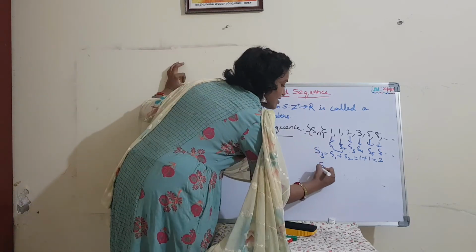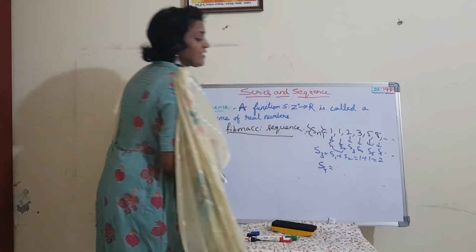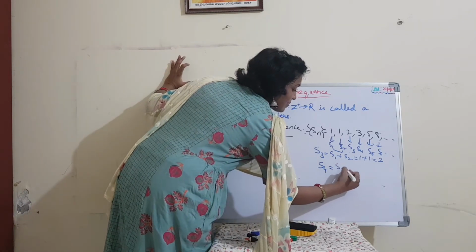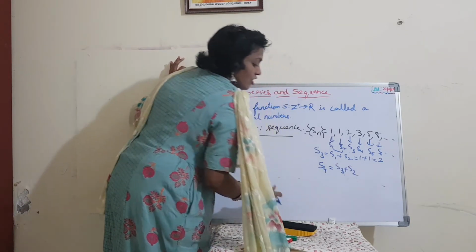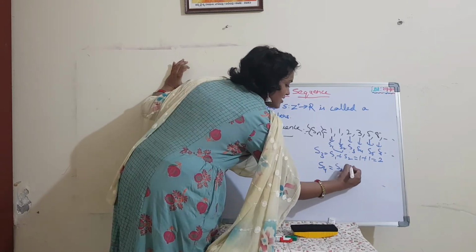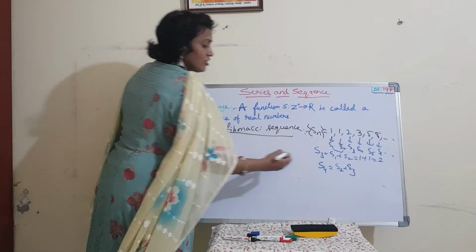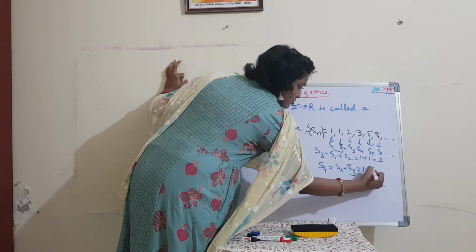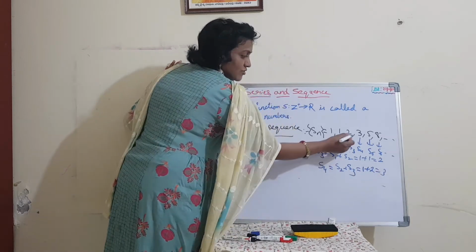Next, S4. How will you get S4? We add S2 plus S3, 1 plus 2. What will we get? 3. That is S4.